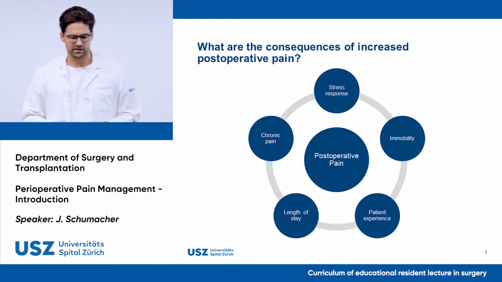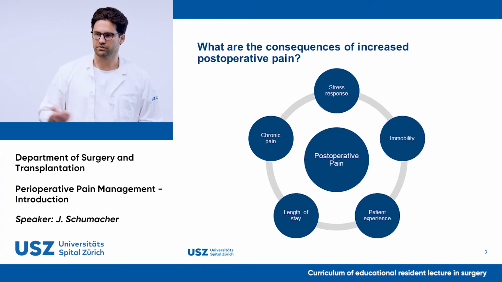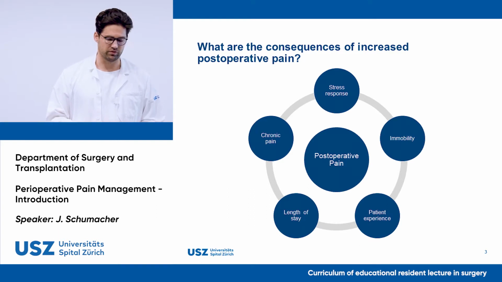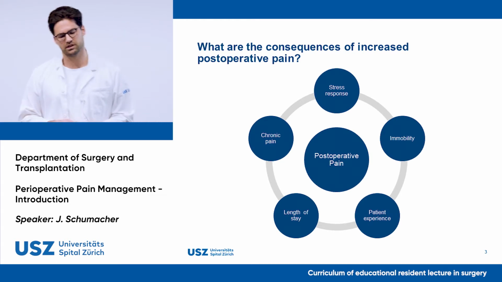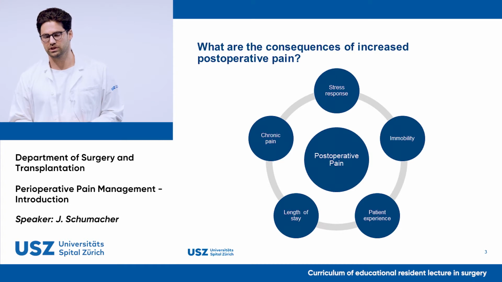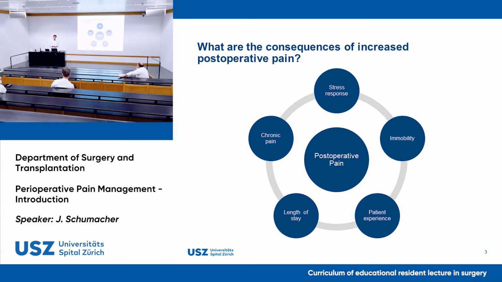Especially in major surgery or after amputations, the risk for chronic pain is higher, and with sufficient analgesia, we can prevent chronic pain. Generally, patients with pain stay longer in our hospitals, which is also a higher risk for complications, and they have a worse patient experience.